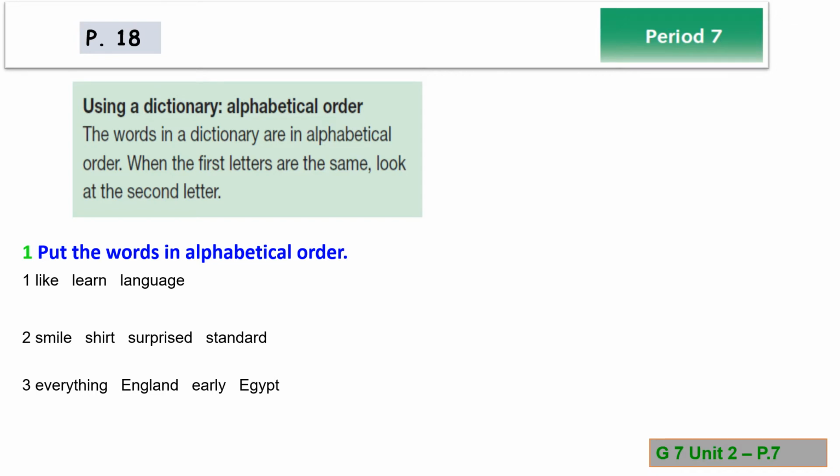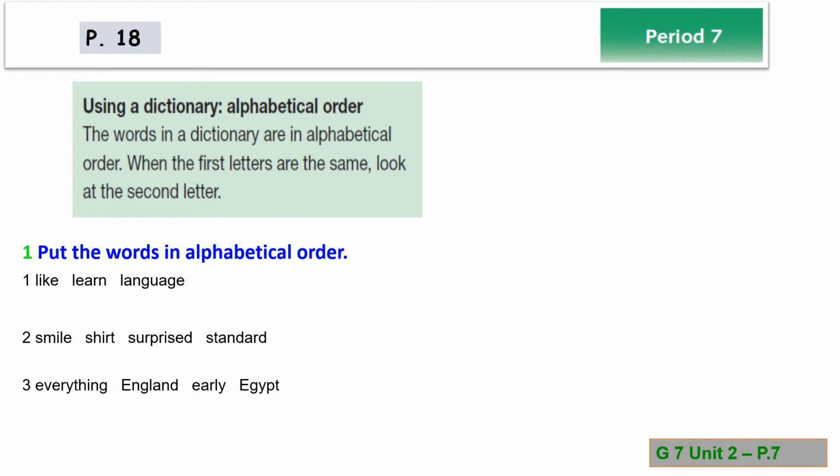Using a dictionary, alphabetical order, page 18. The words in a dictionary are in alphabetical order. That means the words in your dictionary are ordered from A to Z. Alphabetical order means that the words are ordered according to the first letter. Okay?